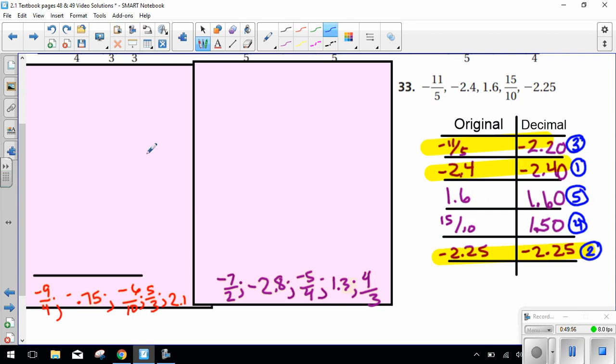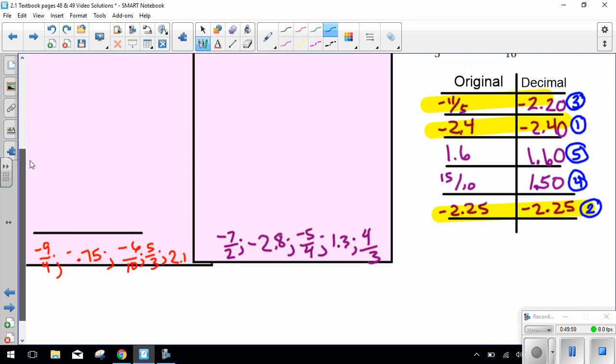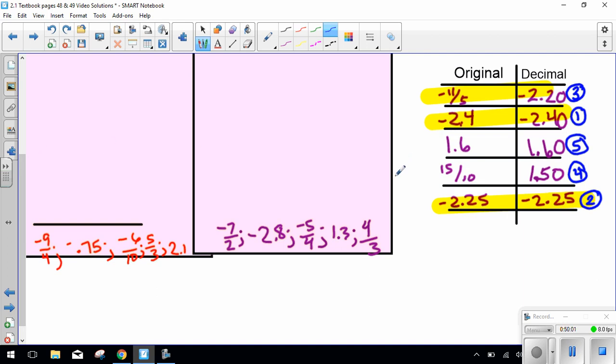Okay, now that we have our order, we can write our numbers from smallest to largest. So our first is -2.4, draw a line. Our second is -2 25/100, draw a line.